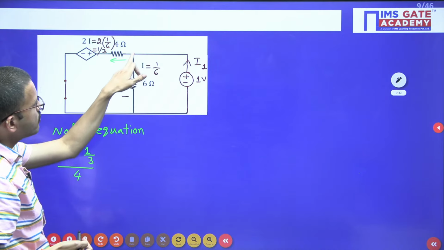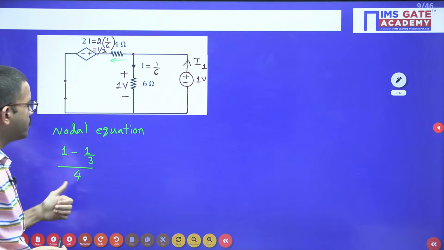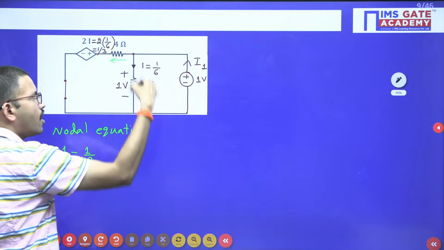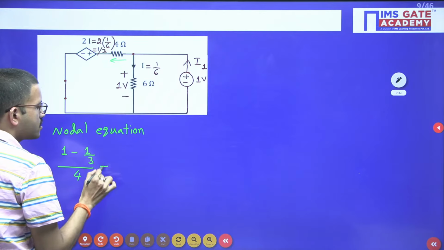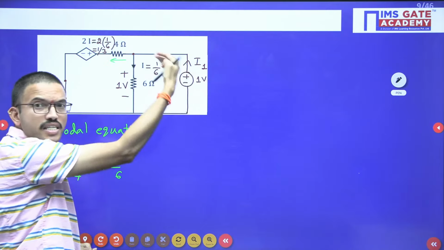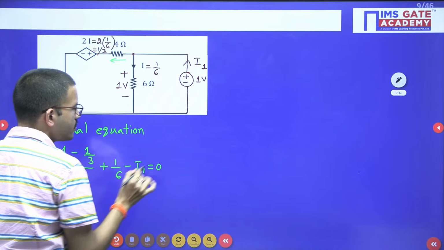On the right hand side you have 1 volt, on the left hand side you have 1 by 3. So (1 minus 1 by 3) divided by 4. And in this particular branch we already calculated the current, that is 1 by 6, since it is leaving the positive. Whereas the I1 current is entering. Entering current is negative. Minus I1 is equal to 0.